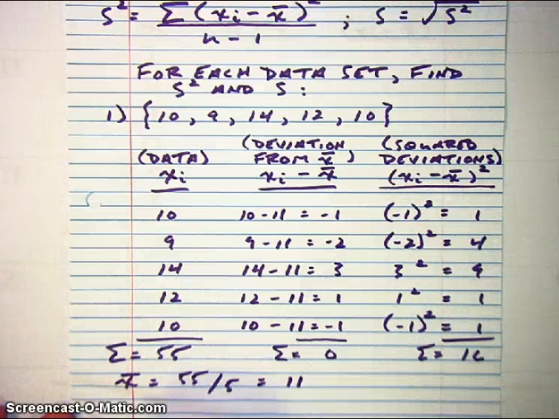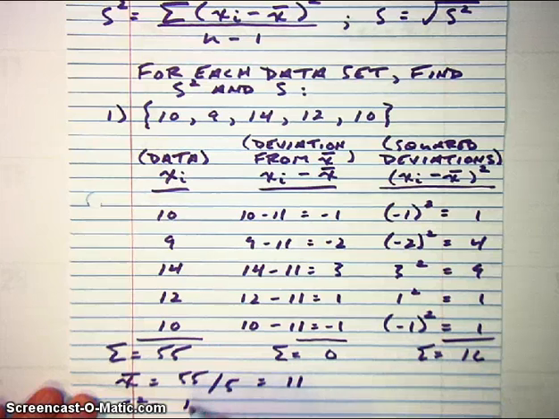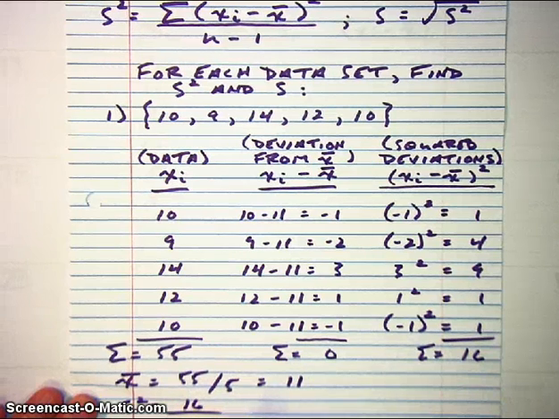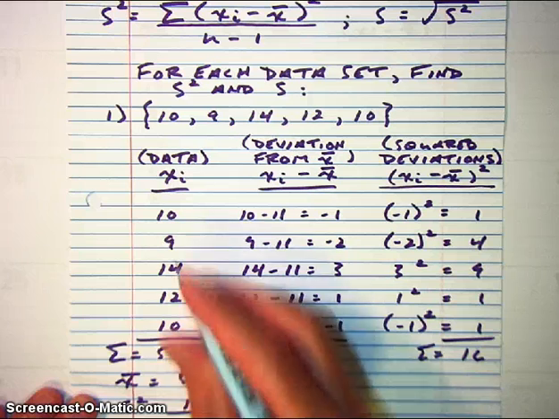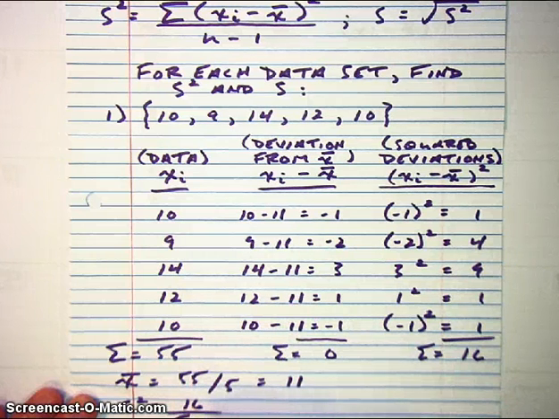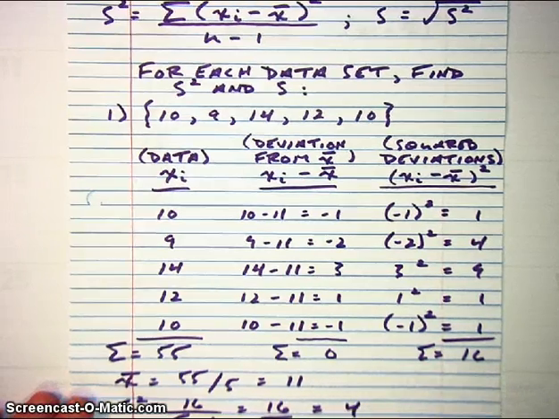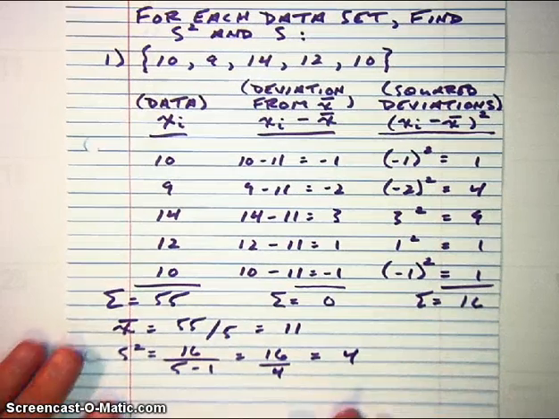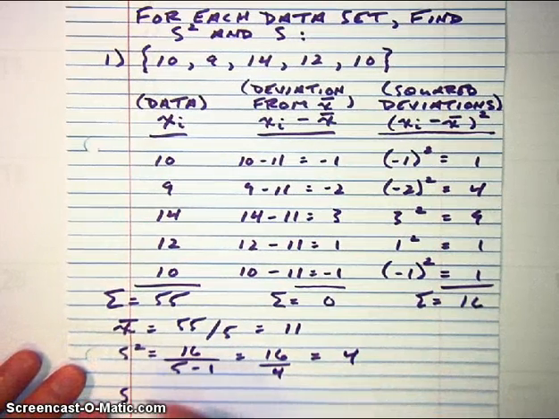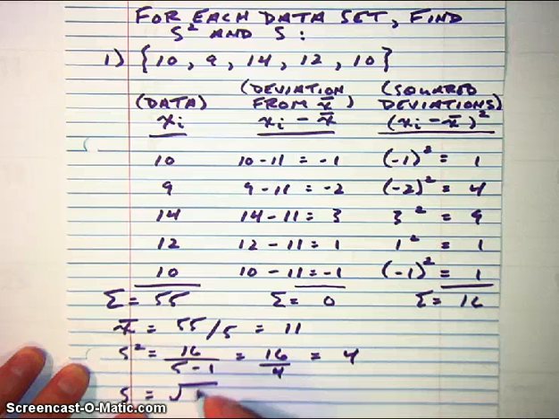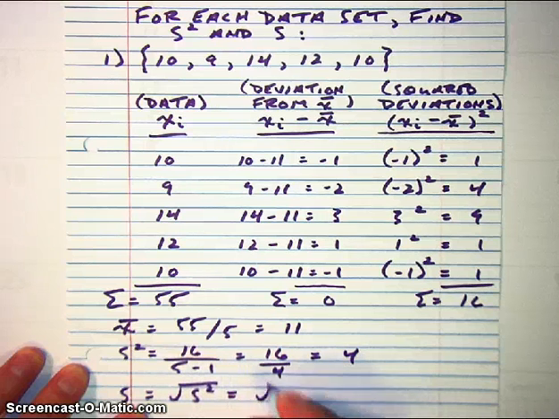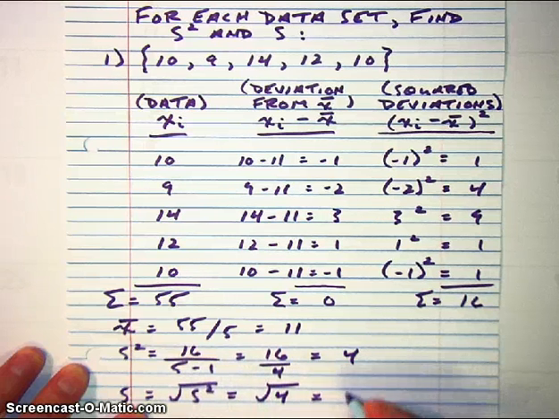So s squared is going to be 16, the sum of the squared deviations, divided by n, which is 5, minus 1. That's 16 over 4, which is 4. So that's your variance in this case. And then to find the standard deviation, we just take the square root of s squared. That's the square root of 4, which is 2.